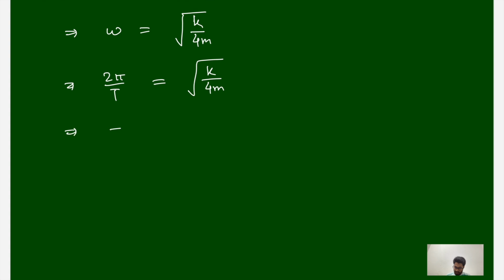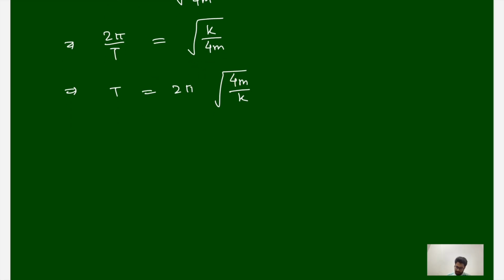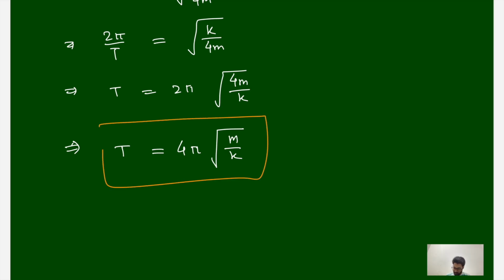Then T is equal to 2 pi square root 4m by k. Now you can take this 4 outside, so 2 will come outside. So time period T is equal to 2 into already 2 is there, so 4 pi square root m by k. So this will be your correct answer.